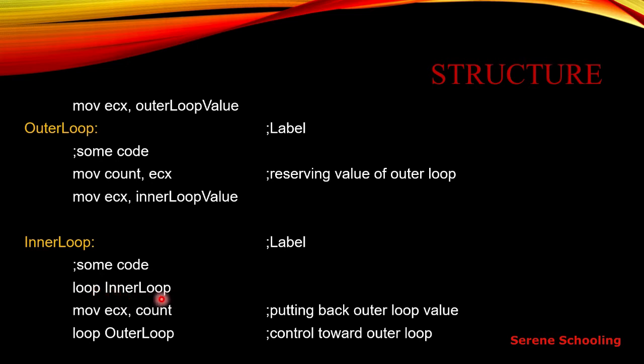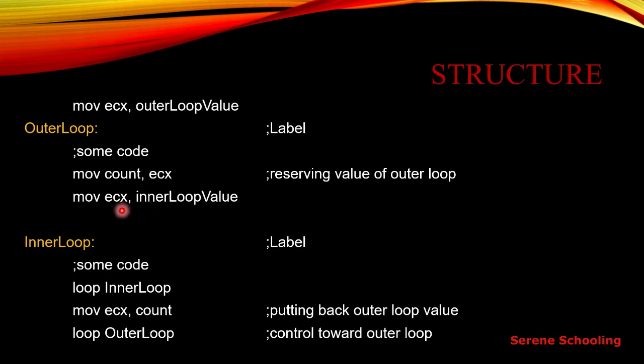To this inner loop label. It means these two statements are again going to execute. So it will complete its execution how many times? Till the number in ECX, whatever value you have moved into the ECX register.